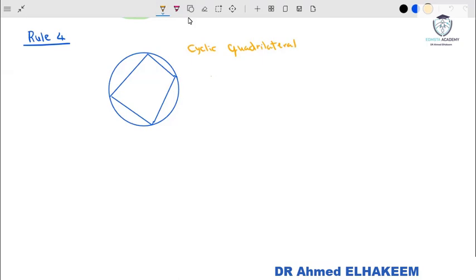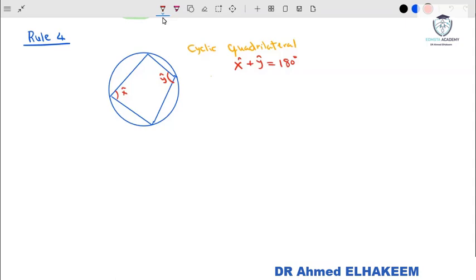What does cyclic quadrilateral mean? A cyclic quadrilateral is a polygon, a quadrilateral, inside a circle. And this cyclic quadrilateral has a special rule. What is its special rule? The special rule is that the measure of each two opposite angles, their sum will be equal to 180.